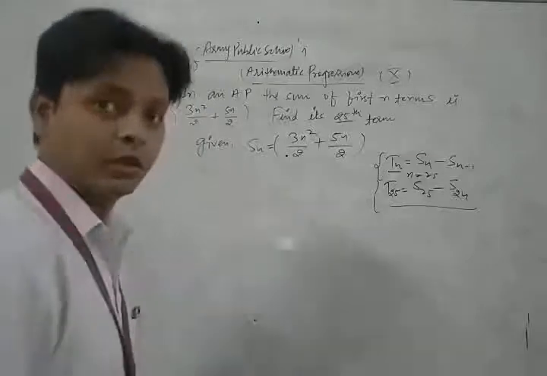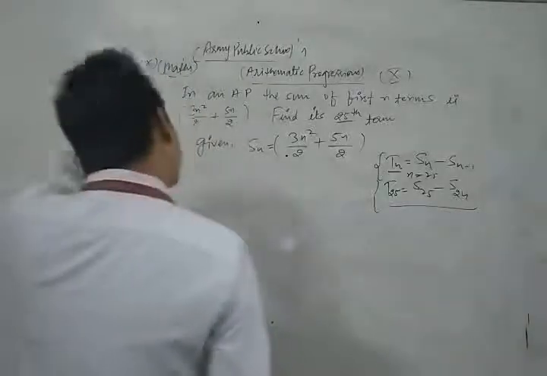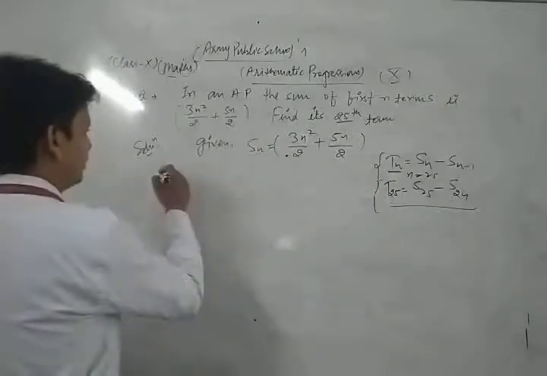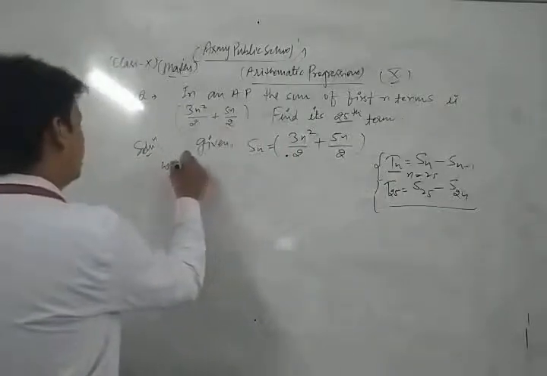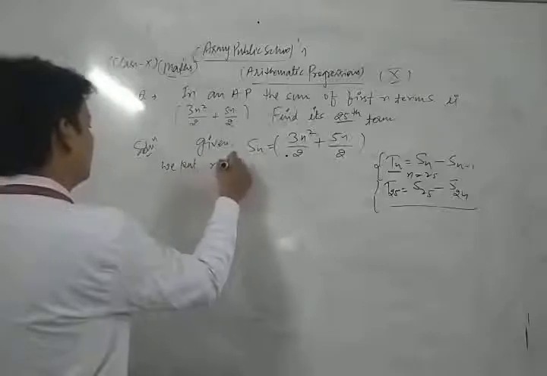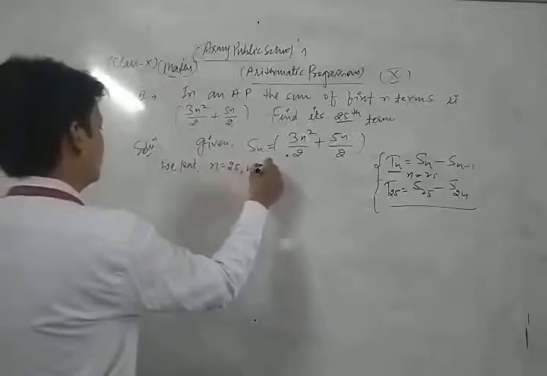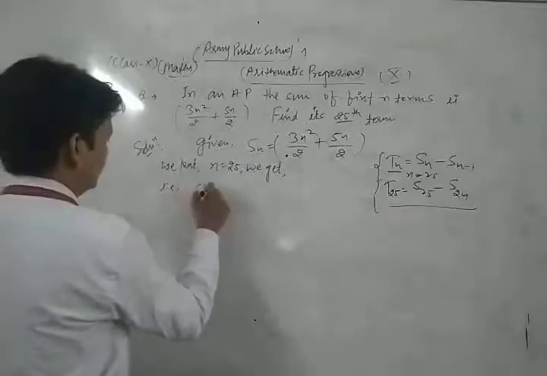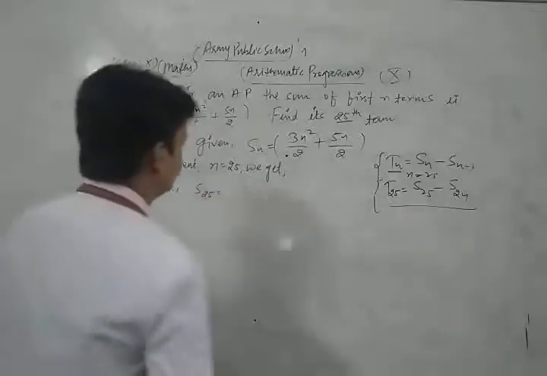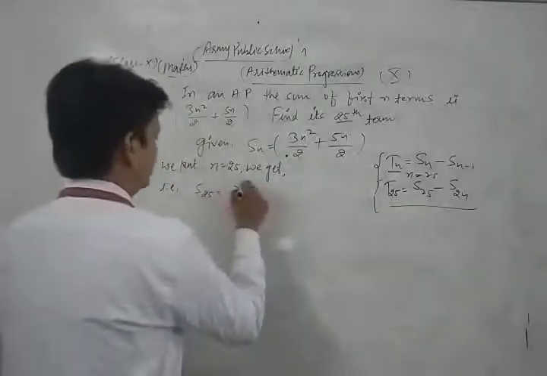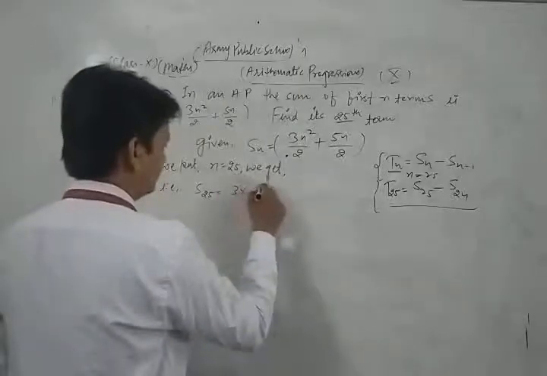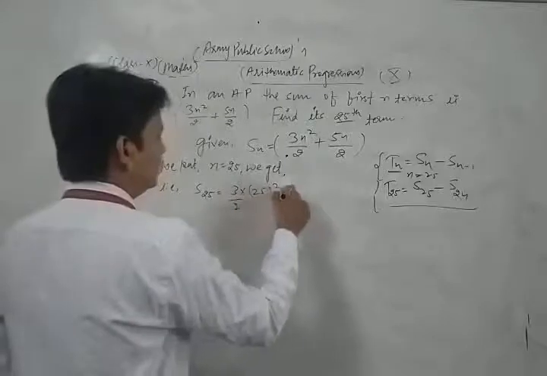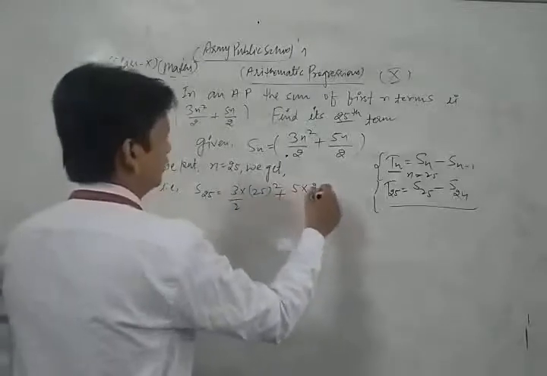Let's see, dear friends. Here we just replace n with 25. We get S25 is equal to 3 into 25 square upon 2 plus 5 into 25 upon 2.